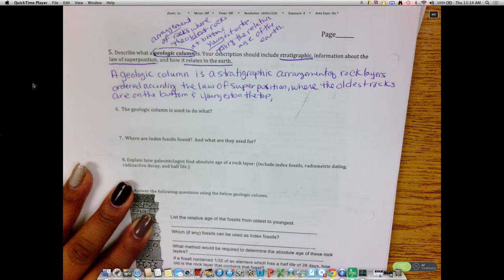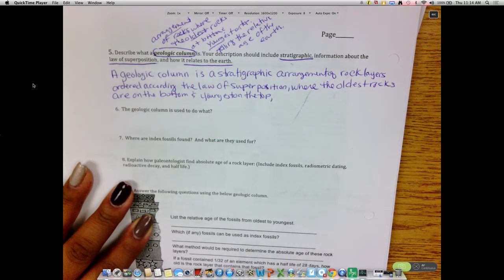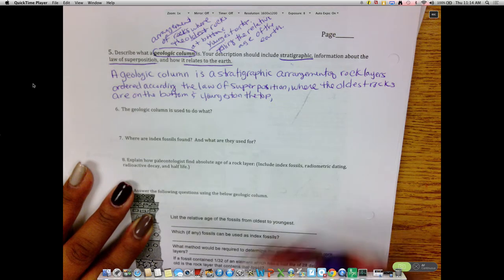So are we done though? No. We got stratigraphic in there. We got law of superposition. So where the oldest rocks are on the bottom and the youngest are on the top.